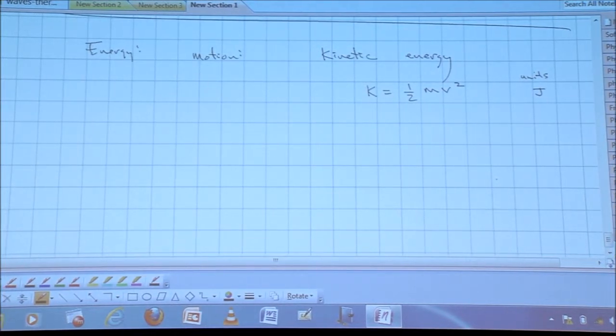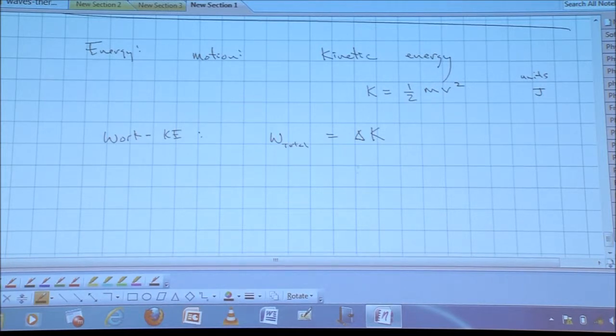So the total work done on an object is going to tell us the change in kinetic energy of the object. That's our work kinetic energy theorem. Remember, delta is always final minus initial.